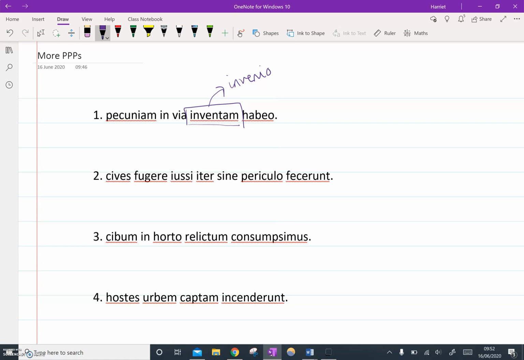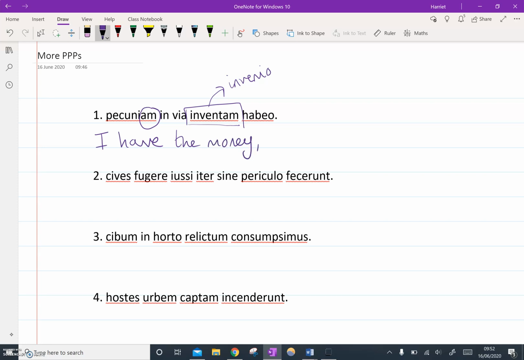So we found the PPP. Which word does it agree with? Well, it's got the same ending as this word here, pecuniam. So it must be describing the money. So let's translate it. Now, those two words are accusative, so we're not going to start with them. So let's look at the verb habeo, I have. And then we have our accusative, pecuniam, the money.